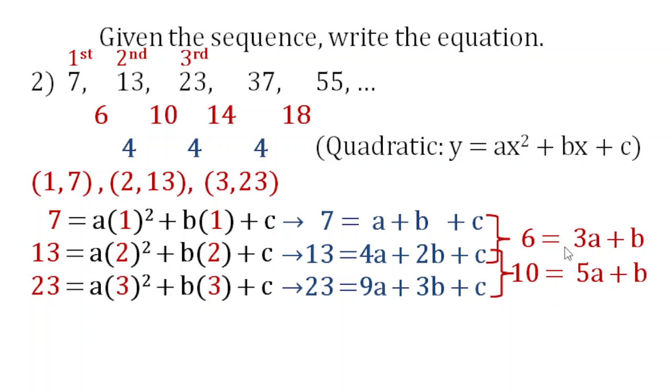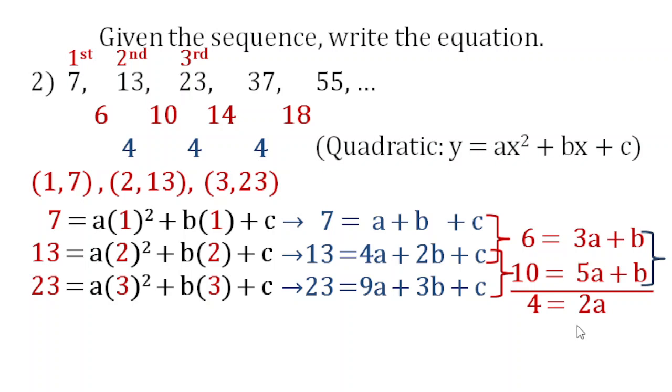Now we obtain two new equations, and solving simultaneously again, equation 2 minus equation 1, so b minus b is 0, 5a minus 3a is 2a, 10 minus 6 is 4, so we have 4 equals 2a.